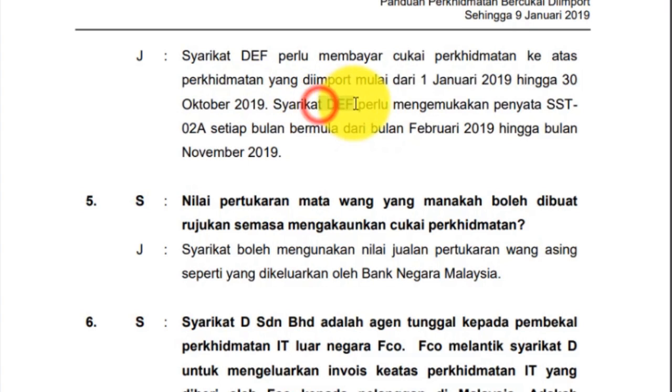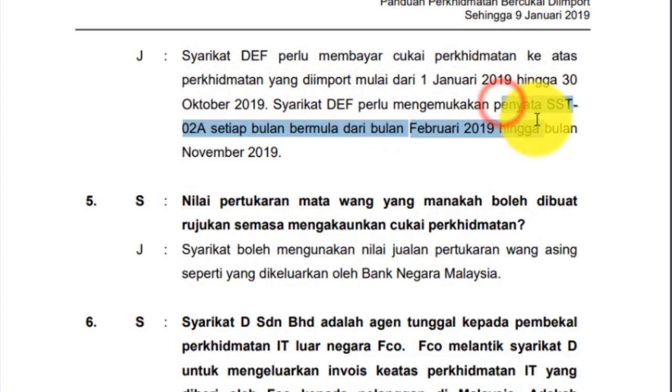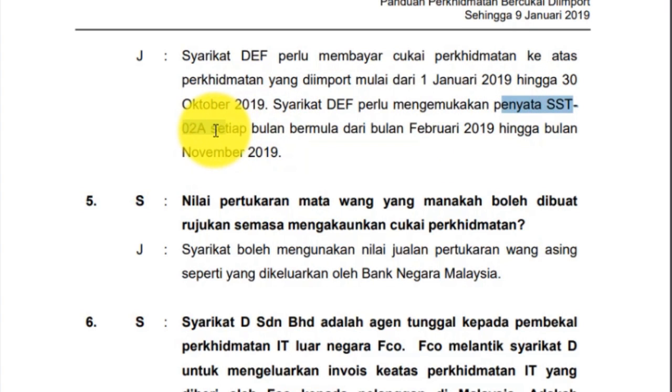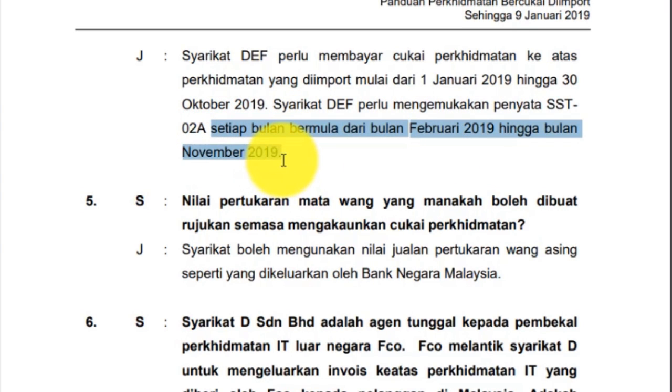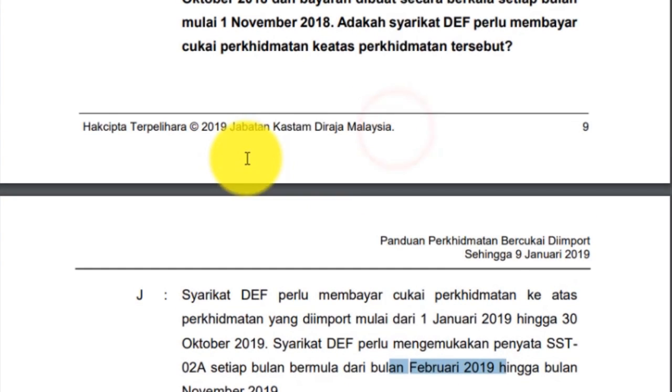And DEF company needs to use the SST-02 form every month starting from February until November to declare and pay. Why? Because he paid every month. Also, the reason it's starting from February is because for January service, payment in January, the due date will be February, because you need to declare and pay the next month.